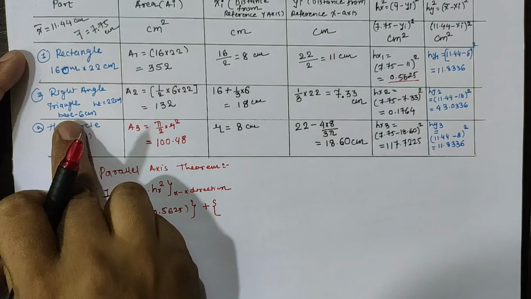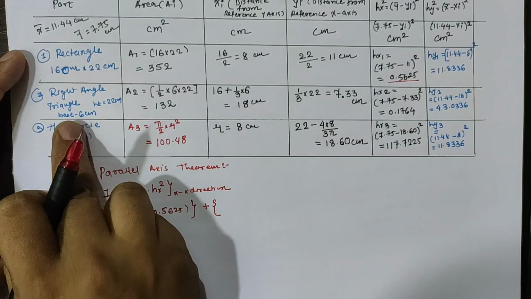Now for the half circle, our value is 0.11 r raised to 4, and r is 8 centimeter, plus area as 100.48 into hx3 as 117.7225. Now this whole term is negative as we have to deduct the third half circle part from the original section.